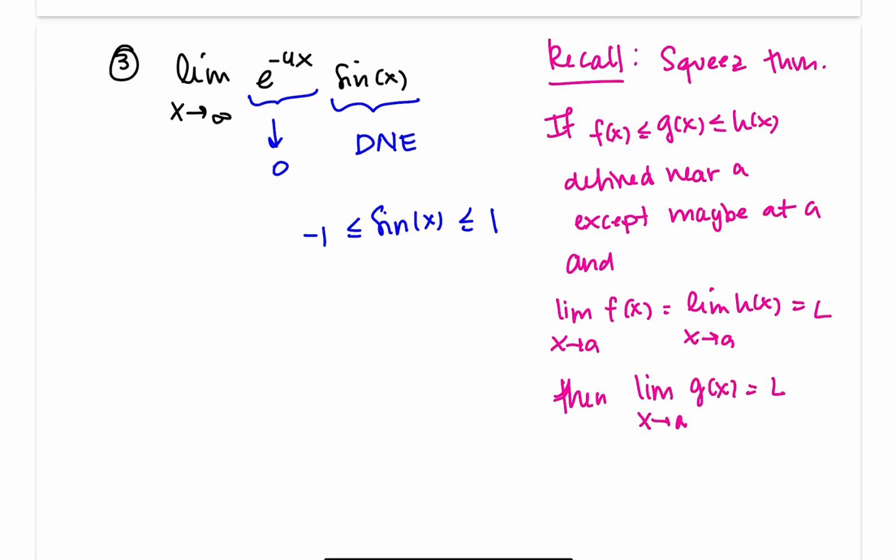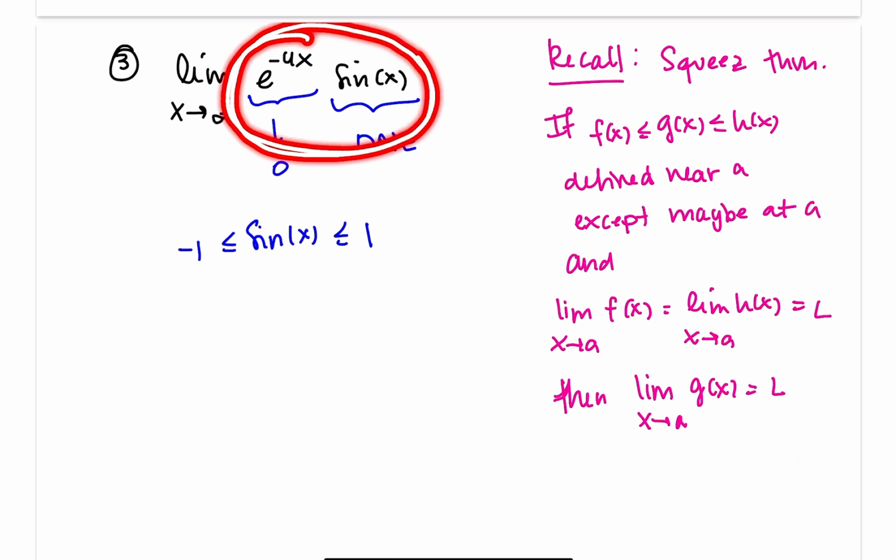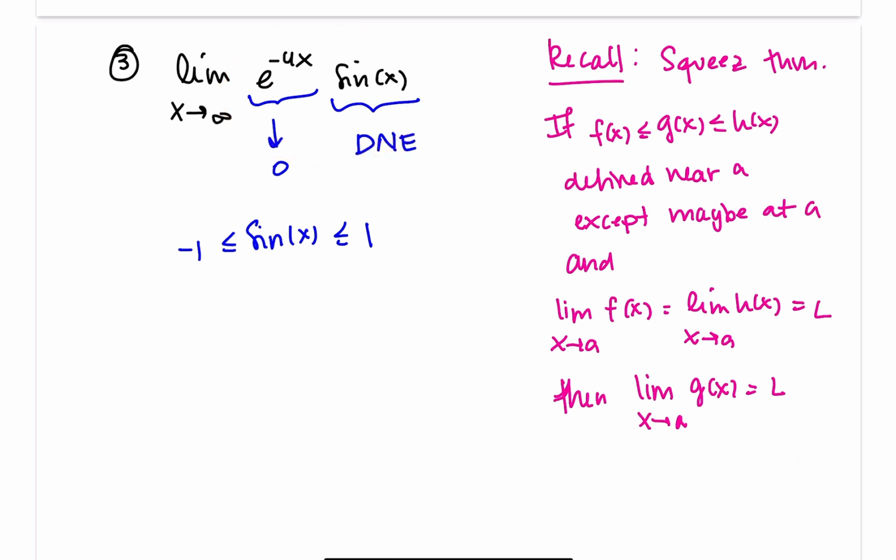So now I have sine, so I need to find a way of writing this function in the middle of two functions. So what we're going to do is multiply everything by e to the negative 4x. So what do I get?